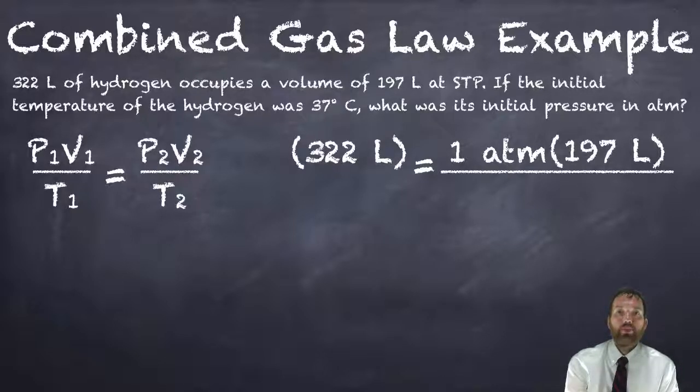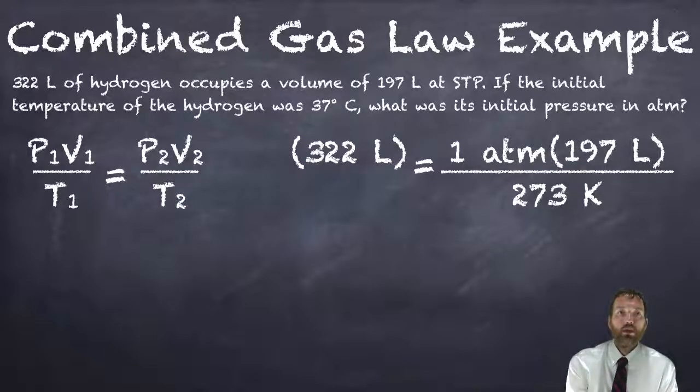So they say this volume is at standard temperature and pressure. So my standard pressure is 1 atmosphere. My standard temperature is 273 Kelvin, or 0 degrees Celsius, but this is a gas law problem, so we need to use Kelvin.